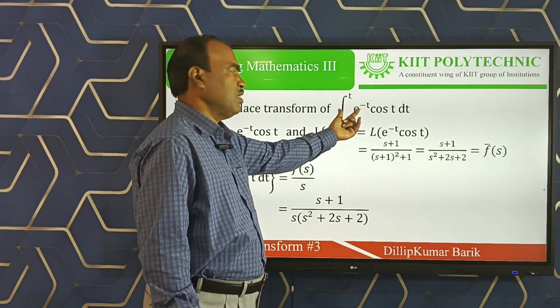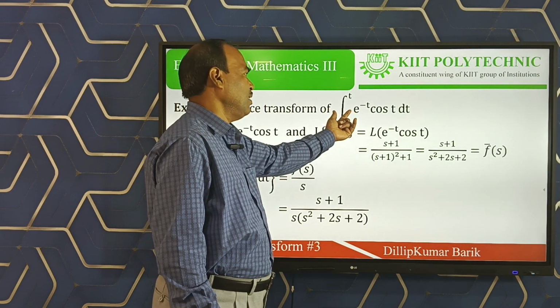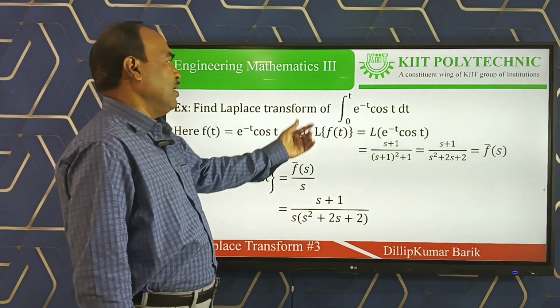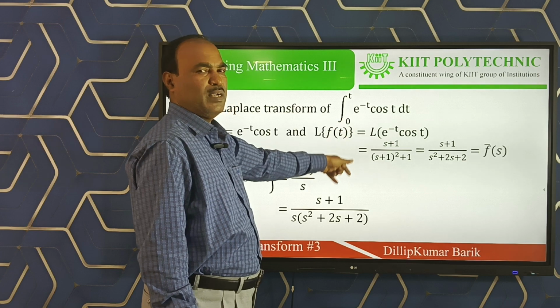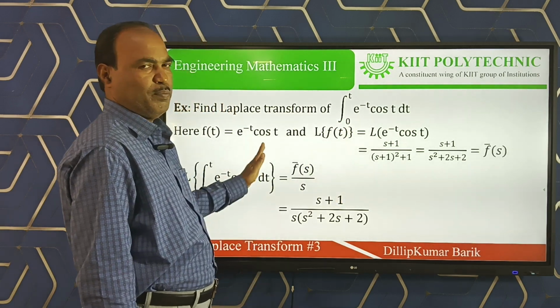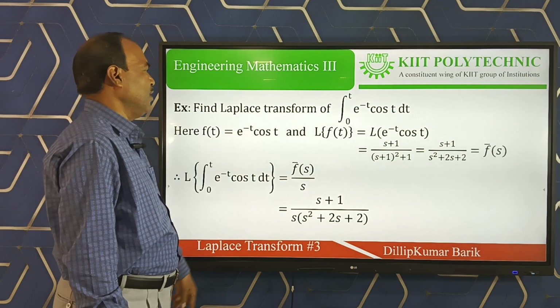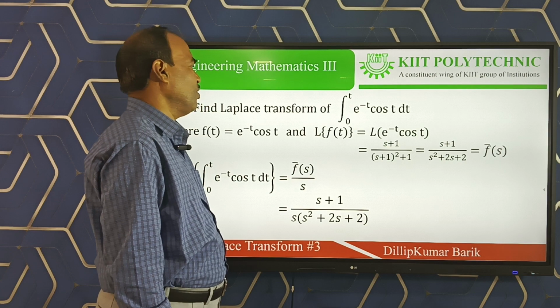Not only cos t, not only e to the power minus t, but the combination, e to the power minus t into cos t. This is the f(t) part. First what we find is the Laplace of this one, divided by only s, because as per formula, here f(t) is equal to e to the power minus t cos t, then Laplace of f(t) means the Laplace of e to the power minus t cos t.